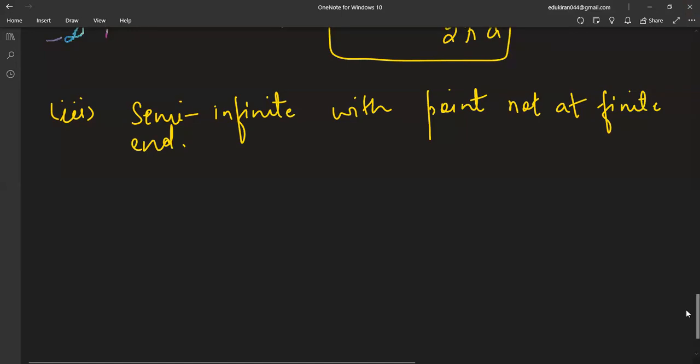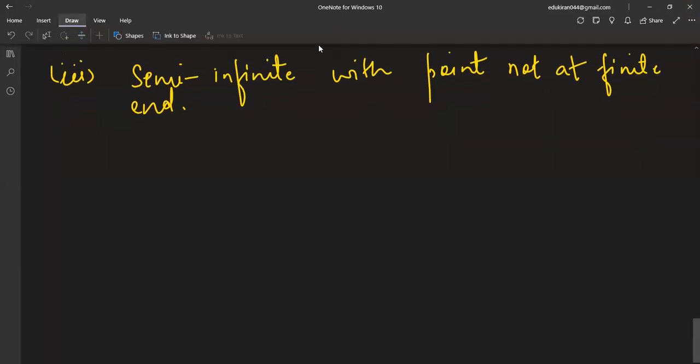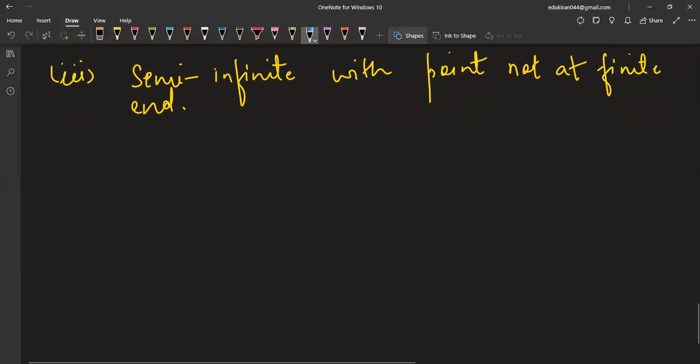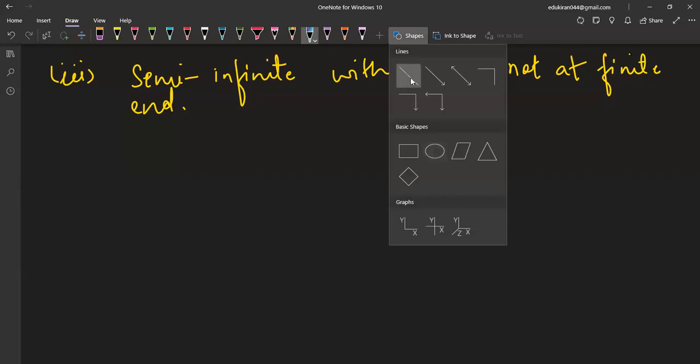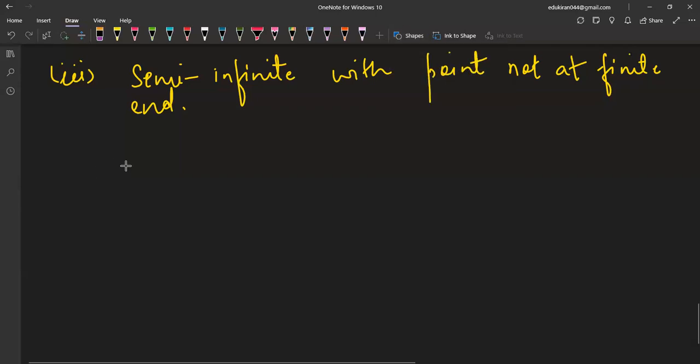This means what? Suppose semi-infinite, I hope you understand, means one end is pointing towards infinity and the other end is fixed. This is rigid. Now this case is not included in your CBSE, so here only we'll be doing it.